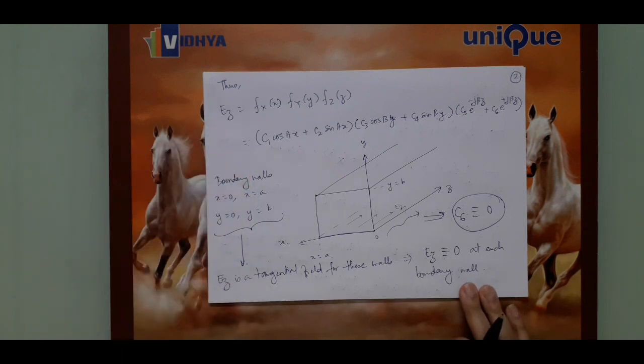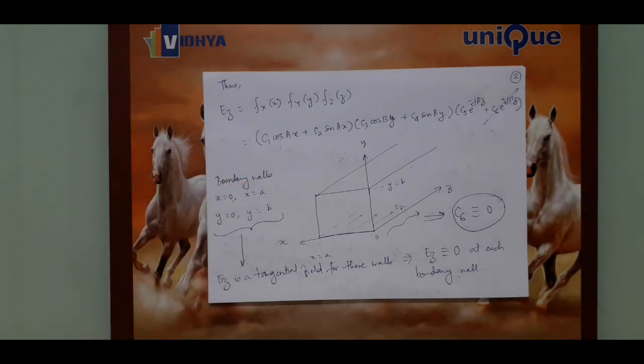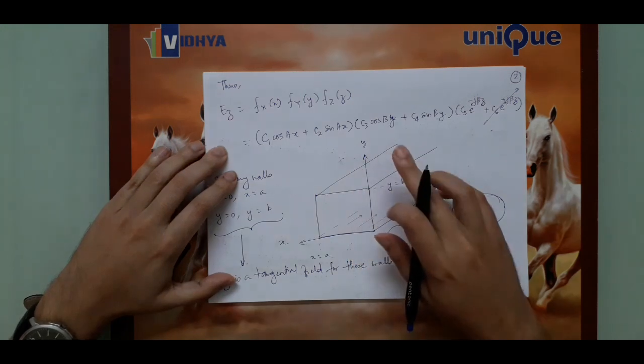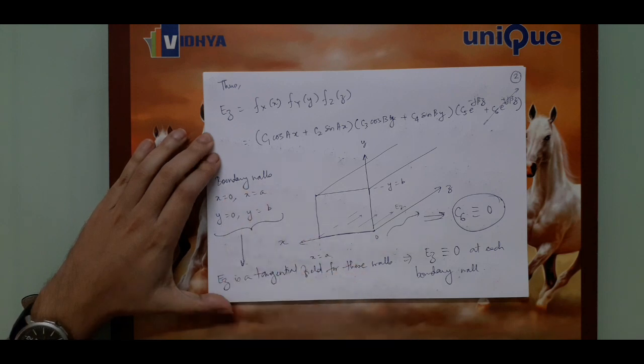So therefore, we will make our life a little bit simple. So this one we are eliminating out of the equation. Now we need that when x becomes equal to 0 and y becomes equal to 0, the field must essentially be 0.